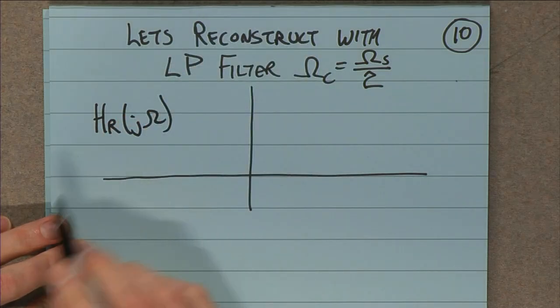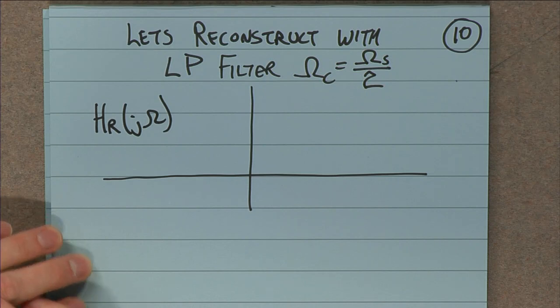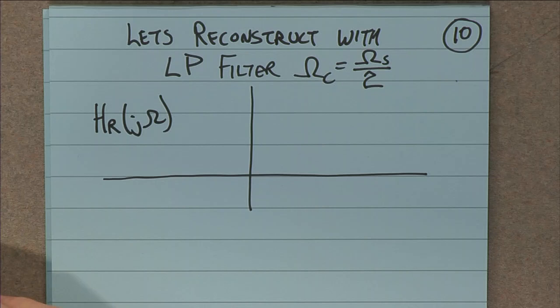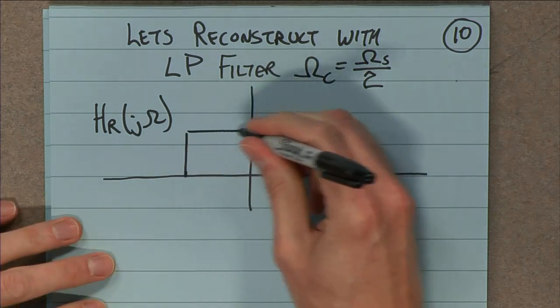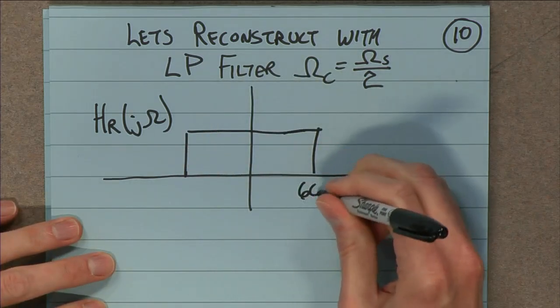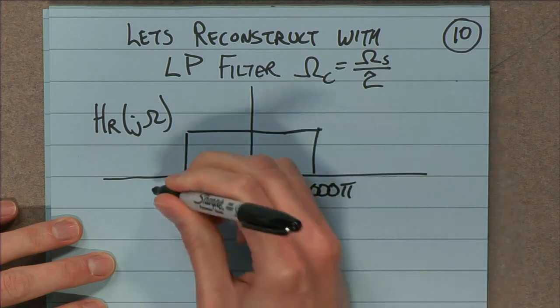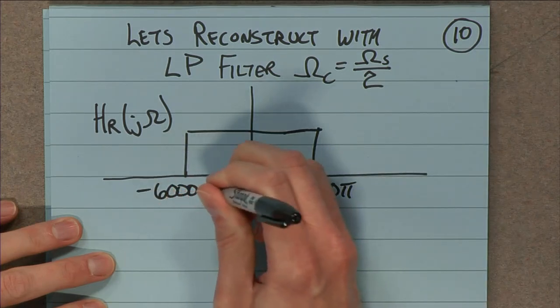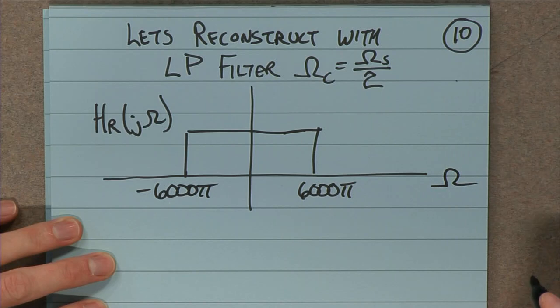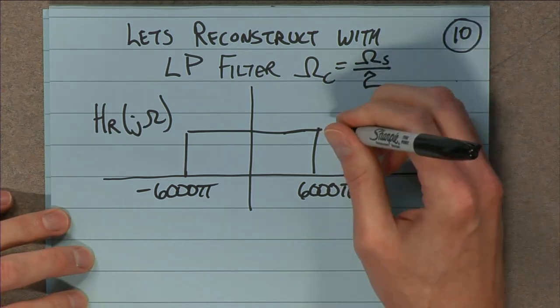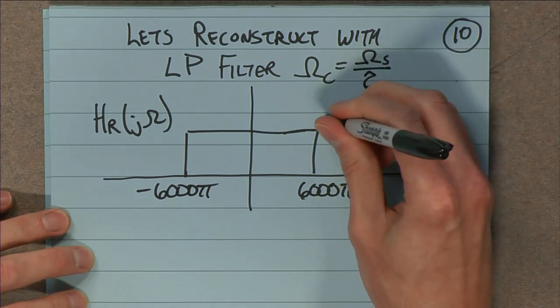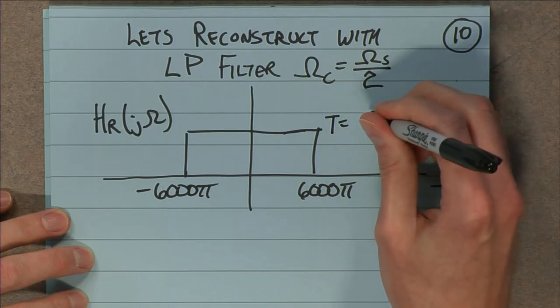So here's our continuous time reconstruction filter. It's not a sampled signal. This is the frequency spectrum of a frequency selective filter. The height of this is T, which is 1 over 6,000.